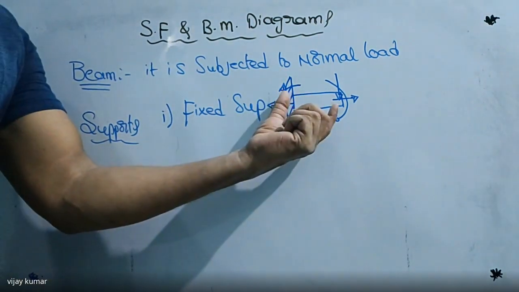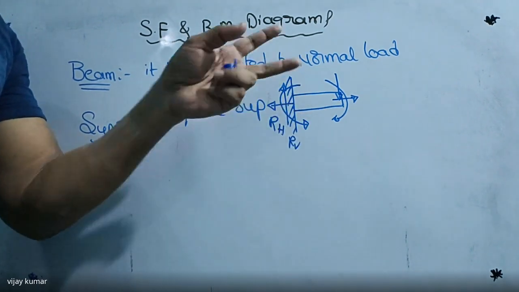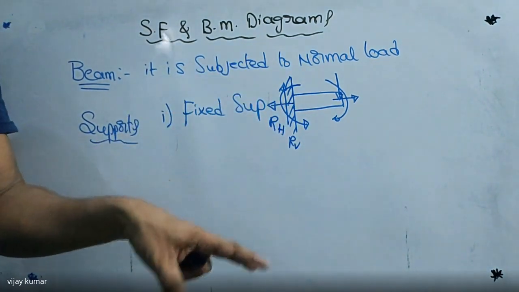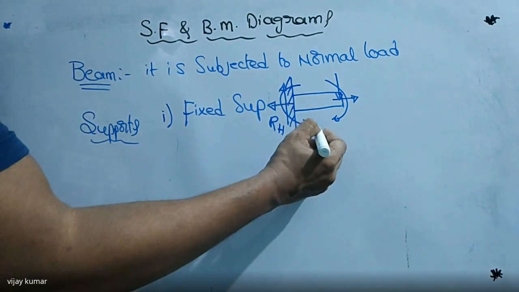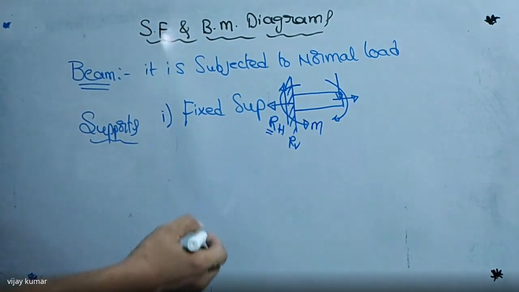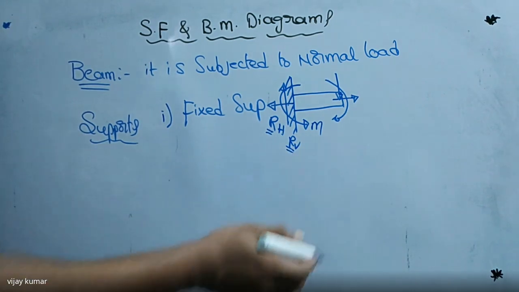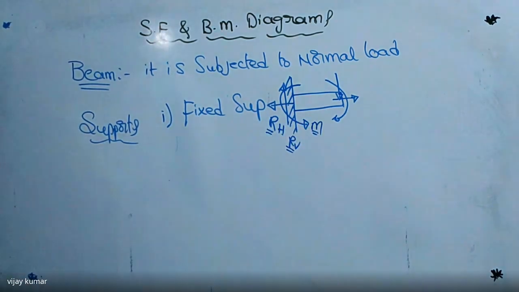When the component is said to be under equilibrium, it means horizontal forces, vertical forces, and all the moments are balanced. So the fixed support has 3 reactions: one is horizontal reaction, one is vertical reaction, one is moment reaction. These are the reactions contained by the fixed support.